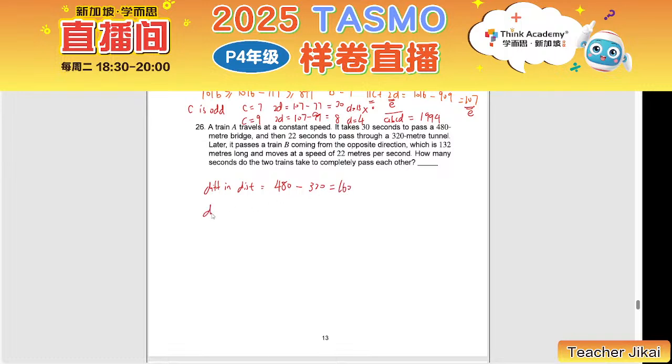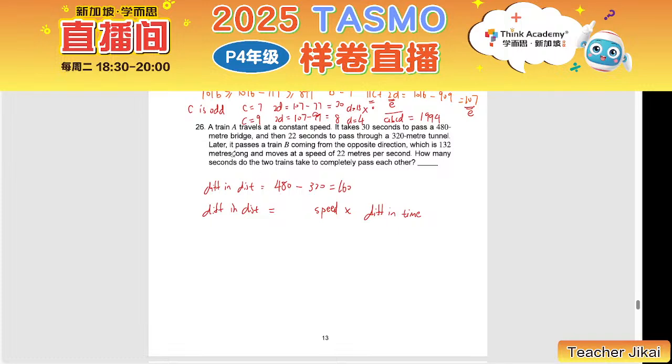And also we know the difference in distance, it will be equal to the difference in speed. This is something you have learned in the journey problem, right? It will be equal to the difference in speed times difference in time. Oh, the difference distance is not the difference in speed. It will be equal to speed times difference in time.